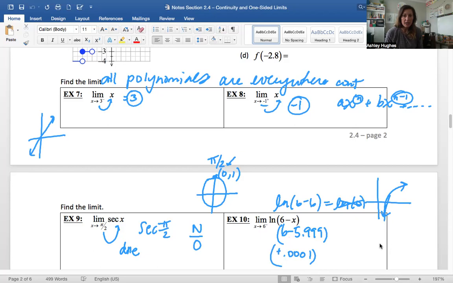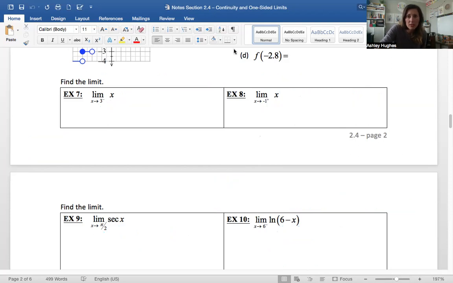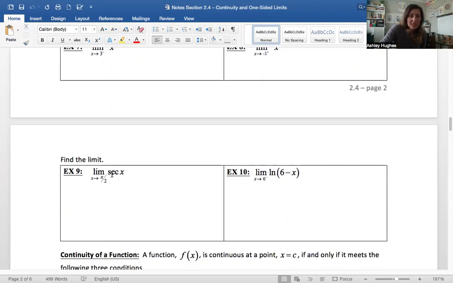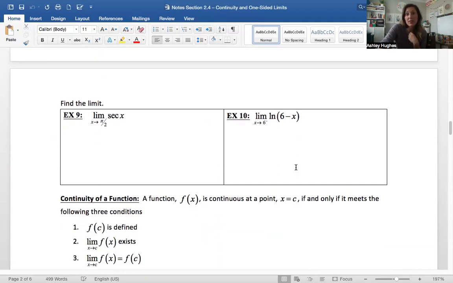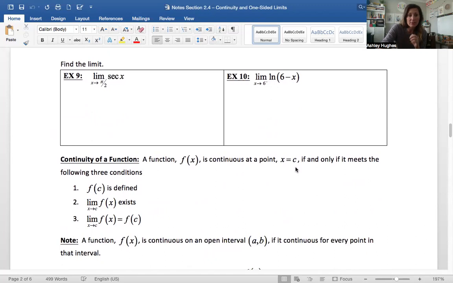And so that guy is going down to negative infinity. So you can write negative infinity or does not exist. Or you can think about this as a natural log function reflected and shifted, and that might also help. And you can always type these into a calculator if you're allowed a calculator on that particular portion, and investigate by looking at the graph.